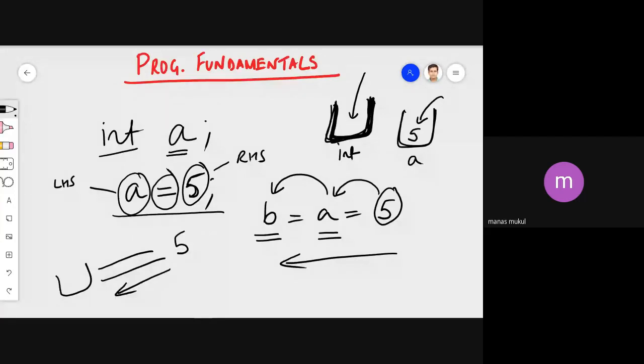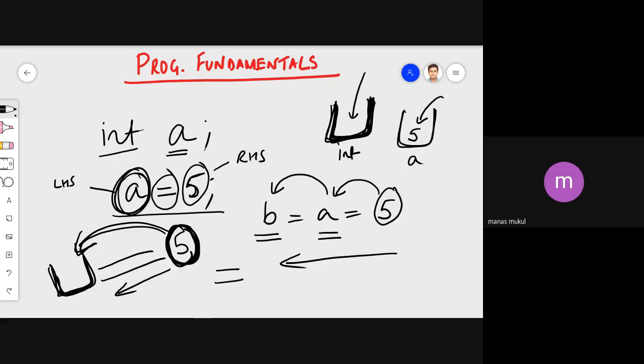So in the assignment operator, the data which is on the right hand side will always flow to the left hand side container. So it is important to declare a variable on the left hand side and have the data which you want to store into this variable on the right hand side. Now this is very important.